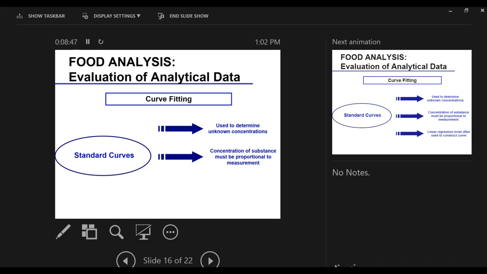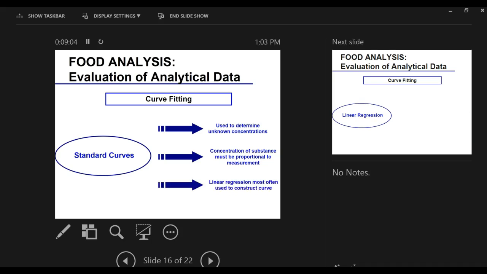So in order to detect the concentration, we need to have the concentration of the substance proportional to the measurement. That means you need to have some relationship to the measurement, and in our case, it's mostly absorbance measurement. So we need to have linear regression. It's not always linear, but in our case, in food analysis, most of our analyses are linear regression.